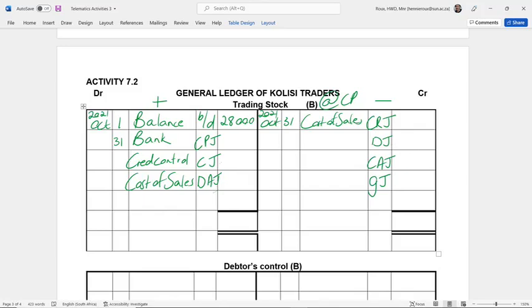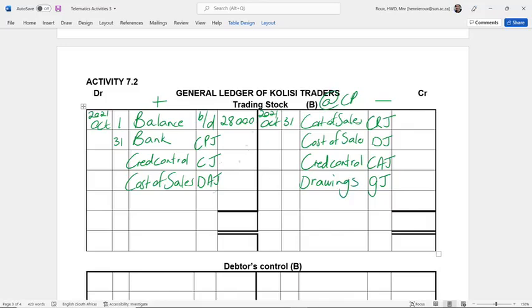The trading stock decreases at cost price, cost of sales. Creditors allowance journal. We credit trading stock because we returned that, and we debit creditors control because it's a liability that decreases. And then in the general journal it says credit trading stock and debit drawings because the owner took trading stock for his own use.